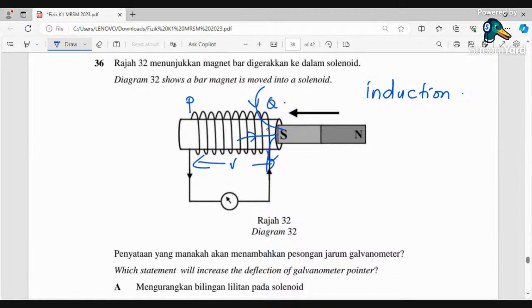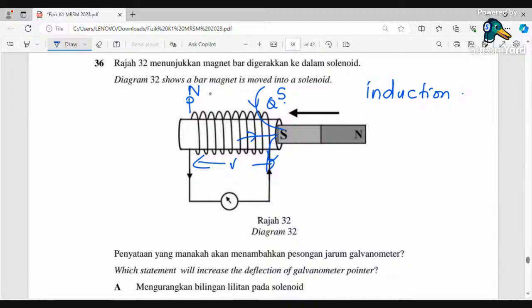South move towards NQ. Okay. So it will produce opposing effect. Move towards, it becomes same pole. So this one will become south and this one will become north. Okay. So north to south. So use your right hand grip rule for solenoid. Okay.